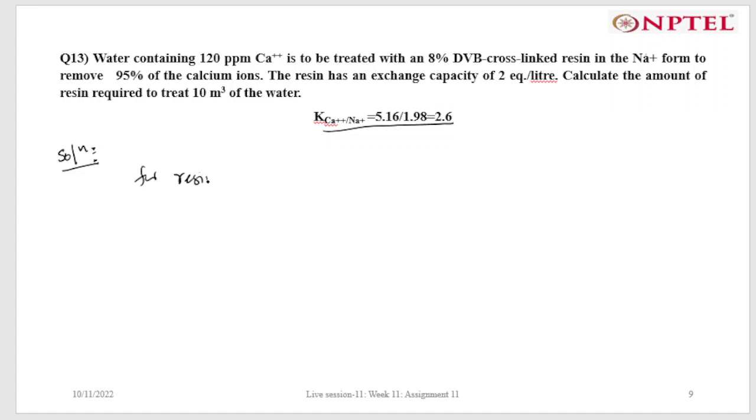For the resin phase, the total concentration of ion exchange sites, C bar, is 2 equivalent per liter.